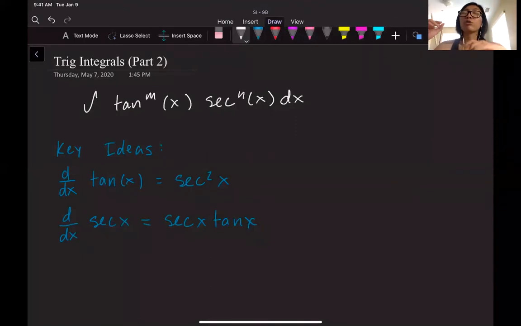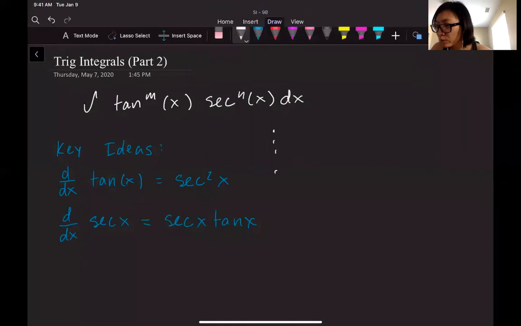Then you can look, does that secant squared cancel out anywhere? Or you can see, what if I make u equal to secant of x? Is there a secant x tan x anywhere? Can I rewrite that somewhere? Will it cancel? That's the kind of thing that we're looking for.